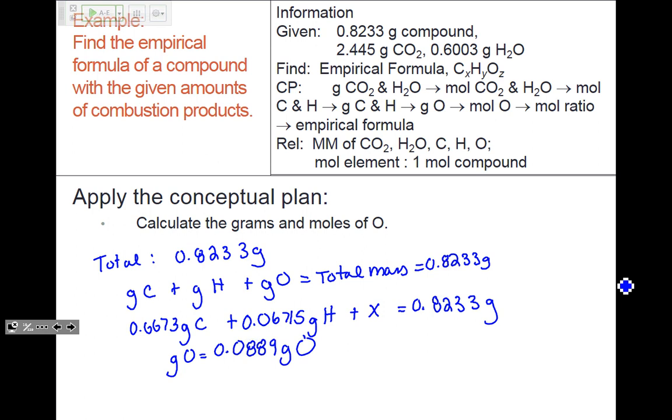Now I can't just plug this into Z, because Z needs to be in moles. So now I need to convert our grams of oxygen to moles of oxygen, so I can plug it into this. That's my next step, and we can do that using, of course, our molar mass on a periodic table. We know we have 16 grams per mole of oxygen.